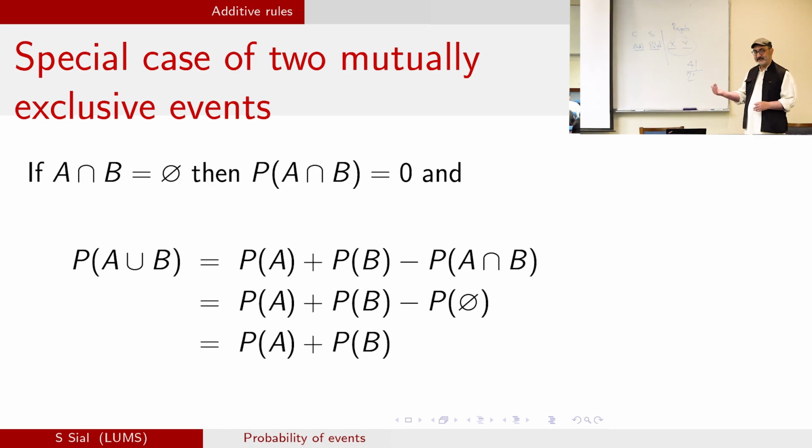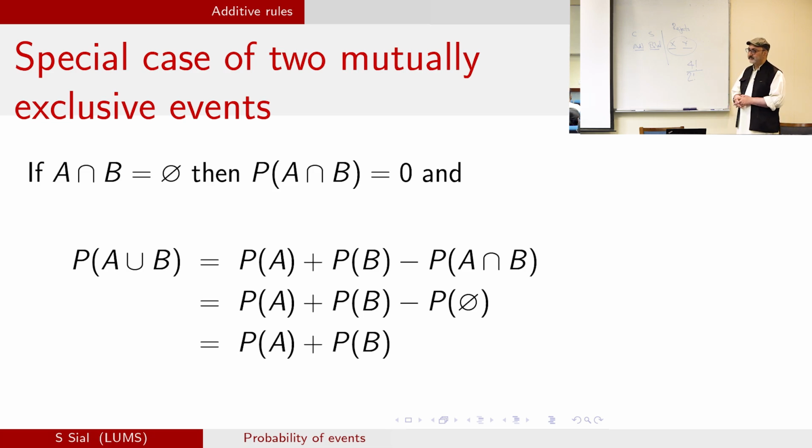But the intersection is empty for disjoint events. So we get the null set. And the probability of the null set is 0. So in the special case of disjoint events, the probability of the union of A and B is just the probability of A plus the probability of B.